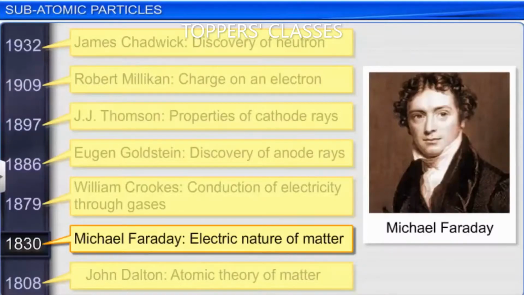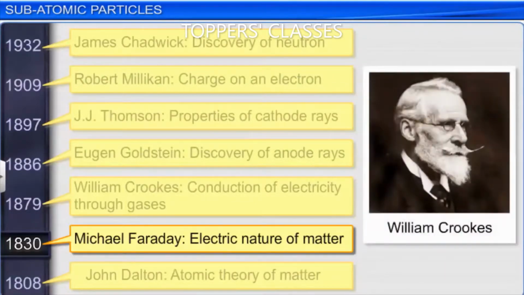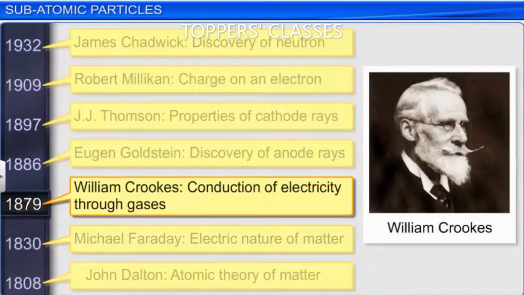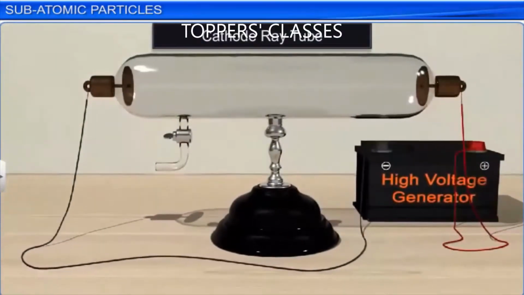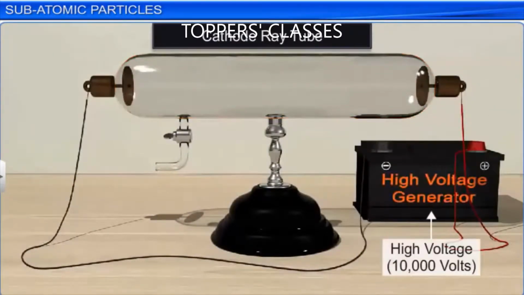The structure of an atom, however, was demystified only when William Crookes conducted experiments to study electrical discharge through gases in 1879. The apparatus used for his experiments consisted of a glass discharge tube, now called cathode ray tubes or Crookes tubes, and a high-voltage source of 10,000 volts.